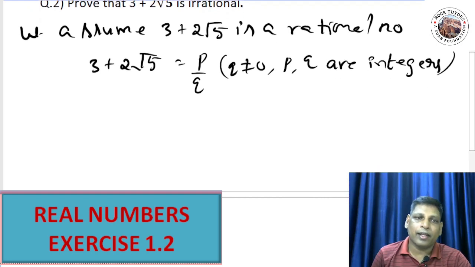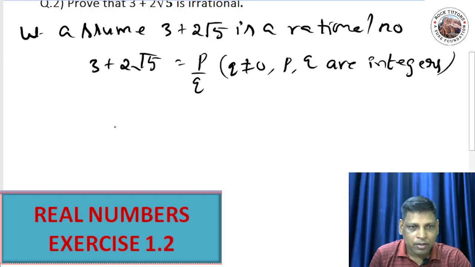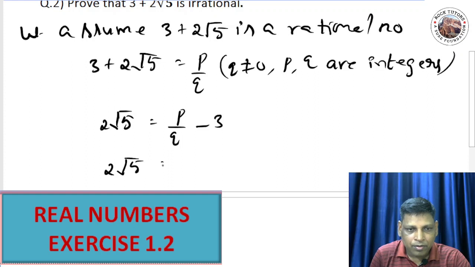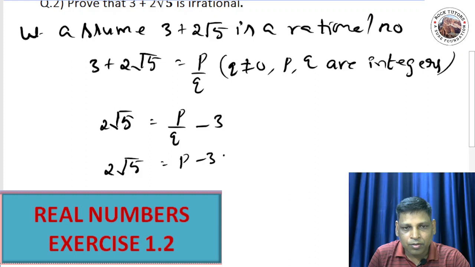So now I can write this one. 3 plus 2 root 5 is equal to p by q. Then 2 root 5 is equal to p minus 3q by q.